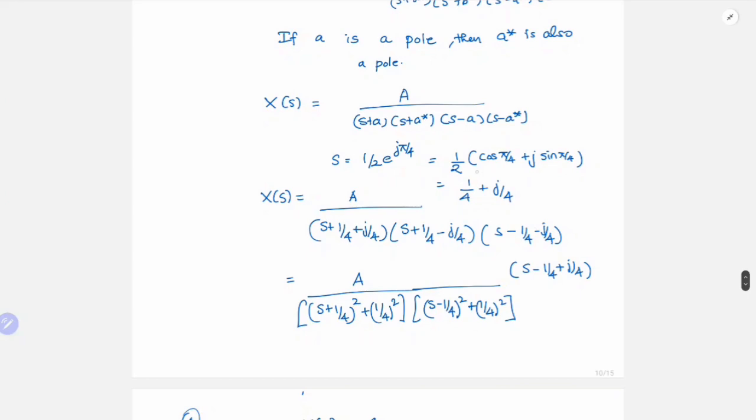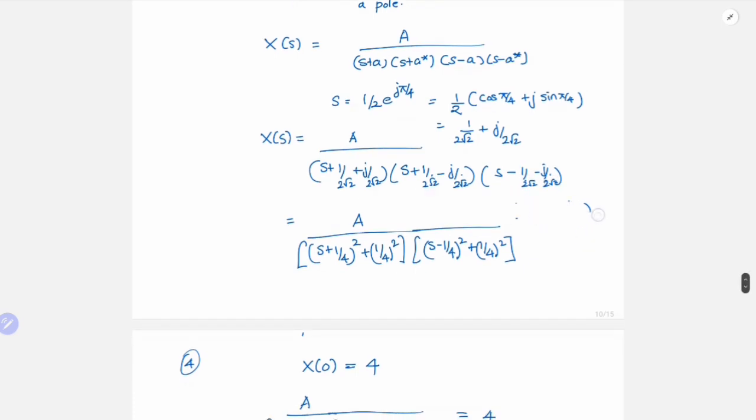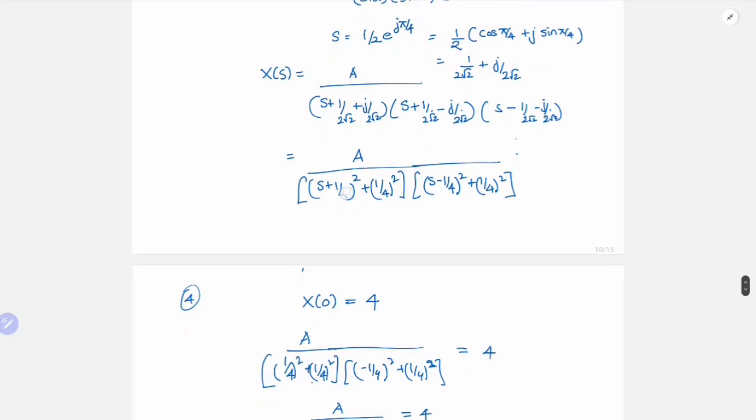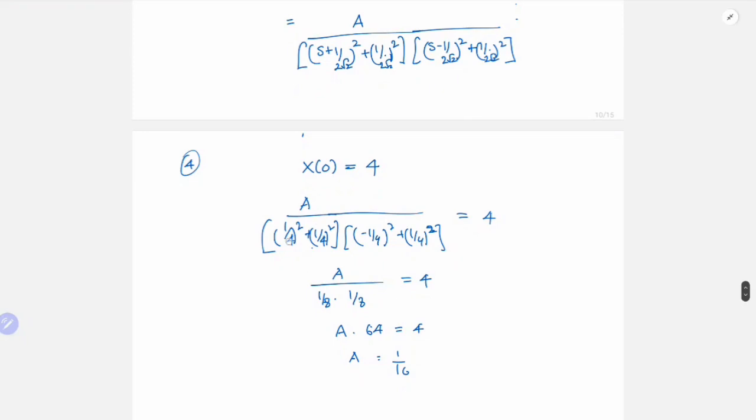So now, this cos pi by 4 is actually 1 by root 2, right? So this will be 2 root 2 and 2 root 2, so everything else will change. 2 root 2 square is 8.